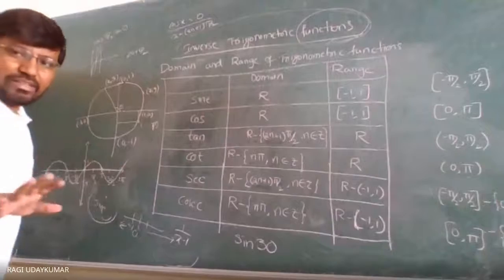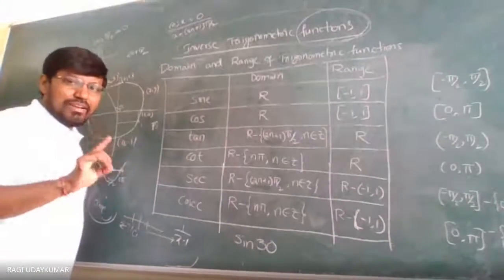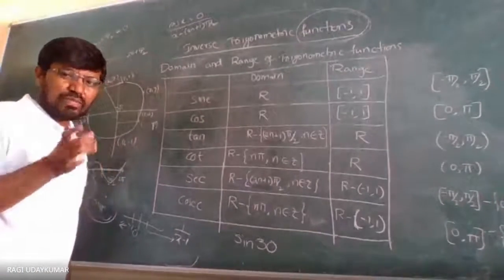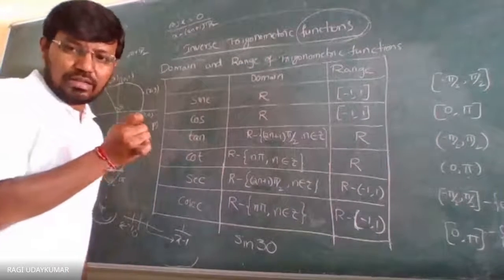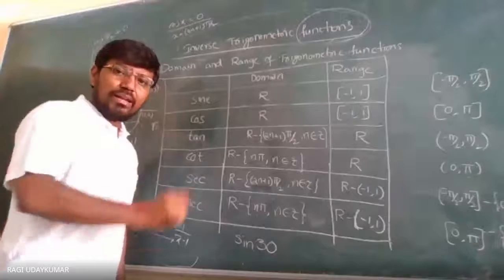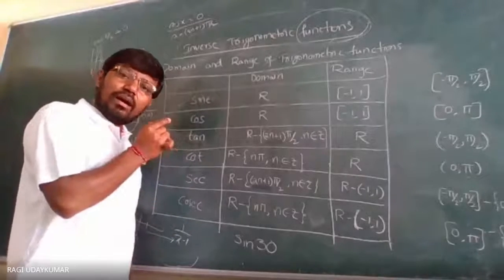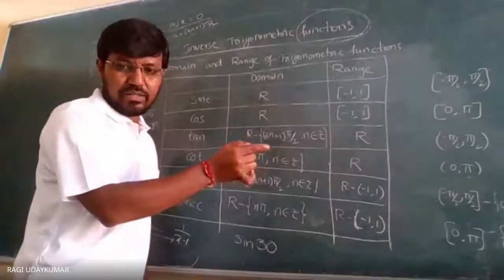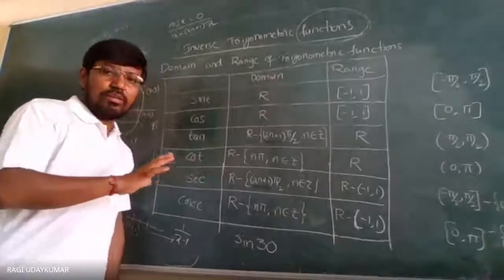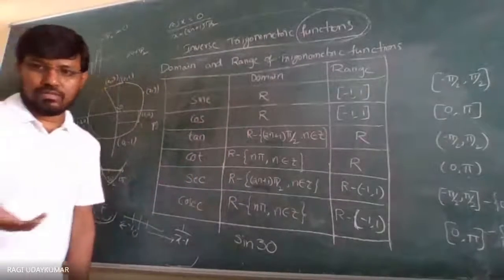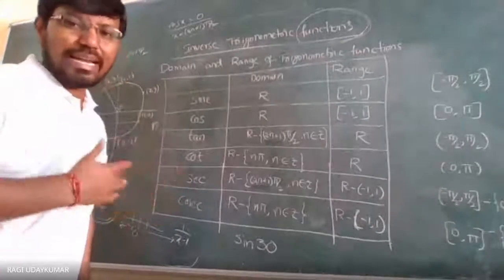Okay. See here, one-one and onto means, in any function, in the domain, one element should be related to only one element, and it should not have more than one pre-image. So a unique relation should be there.